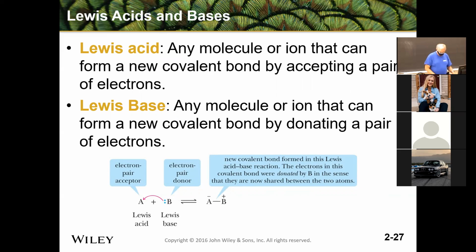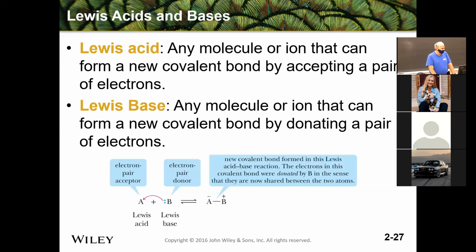All right, Lewis acids. At this point, I'm just asking for the definition. This is actually going to be a really essential part of the rest of the course. This is pretty much how almost all of our organic compounds are going to react, by Lewis acid-base reactions.